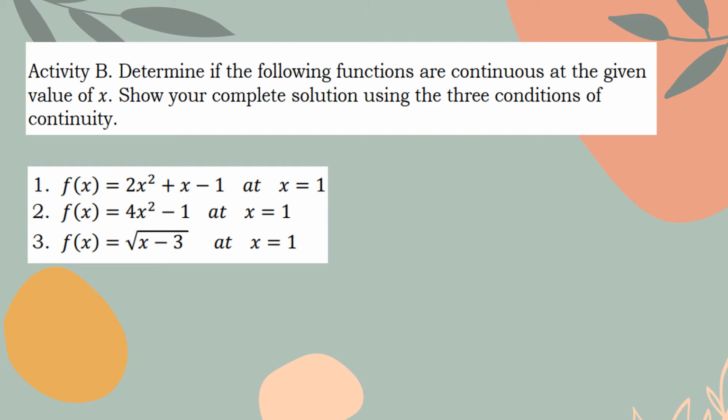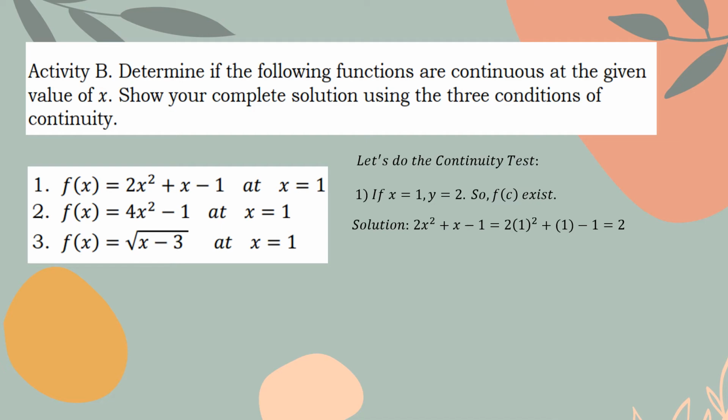For this part, we don't have a graph, so we have to use the continuity test. If x is equal to 1, then y is equal to 2. So f of c exists. The solution is to substitute the value 1 into the given function, and the answer is 2.